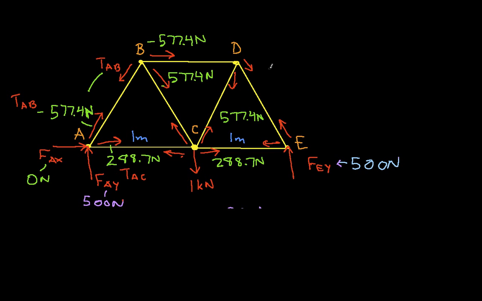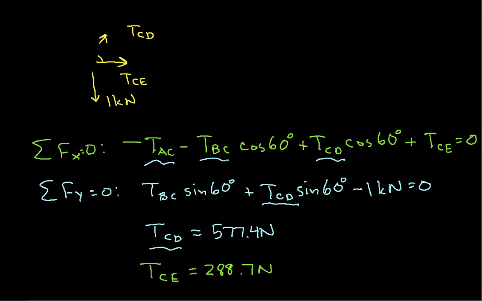So I can look for TDE either at joint E or joint D. It doesn't really matter which one I choose. One might be a little easier than the other. Let's look at joint E. Well, actually, let's look at joint D. So I go back to scratch window, give myself some space.